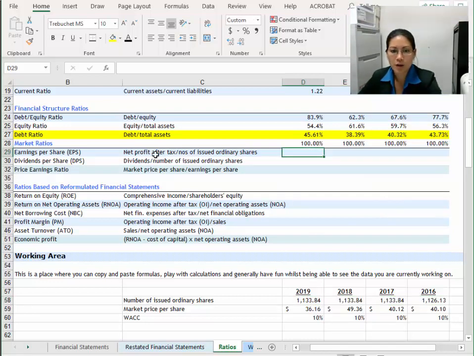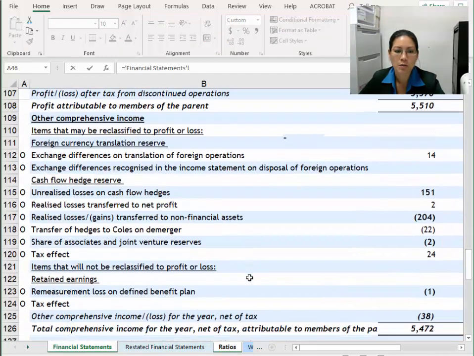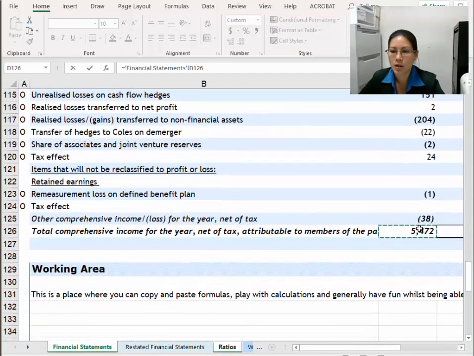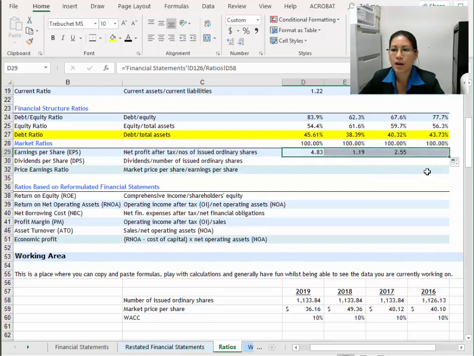So net profit after tax equals that same net profit that I linked to right at the beginning of my first ratio, this one here, divided by my number of issued ordinary shares for that year, which is down here. Hit enter, which is great. Okay, so this is my calculated earnings per share every year based on the shareholding as at balance date.